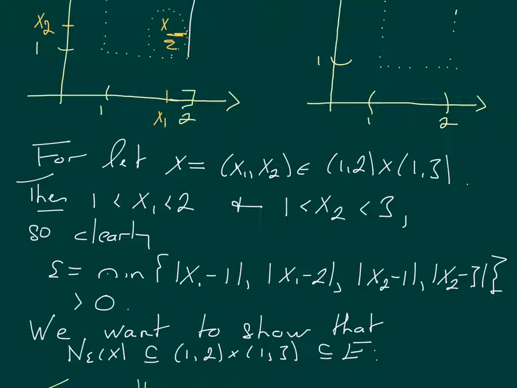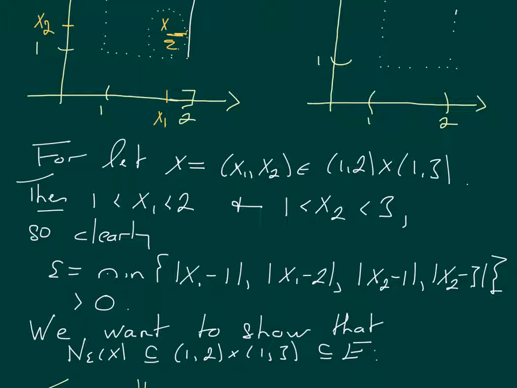And because x1 is supposed to be strictly between 1 and 2, and because x2 is supposed to be strictly between 1 and 3, it should be clear that each of these distances here is bigger than 0, and therefore the minimum of these four distances will also be bigger than 0.